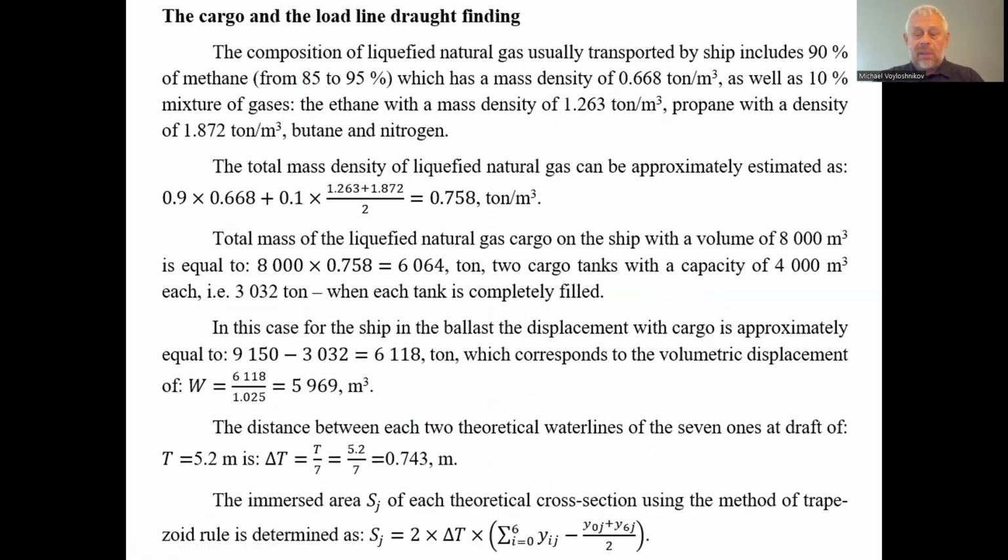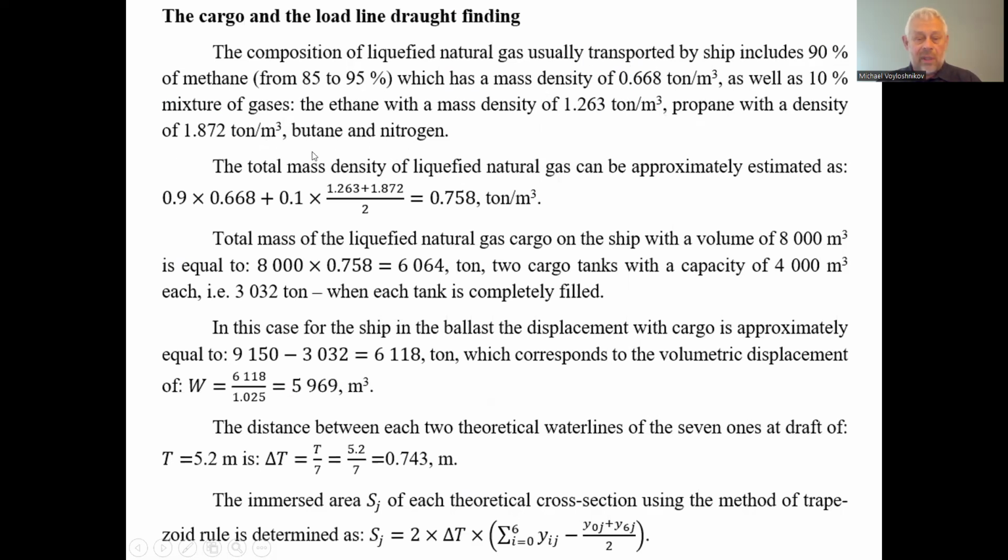What is the cargo the ship transports? The liquefied natural gas usually transported by ship includes 90% methane, it could be from 85 to 91%, which has a mass density of 0.66 ton per cubic meter, as well as 10% of a mixture of gases: ethane, with a mass density of 1.263 ton per cubic meter, which is almost like the air density, lighter than air; propane with a density of 1.872 ton per cubic meter; as well as butane and nitrogen.